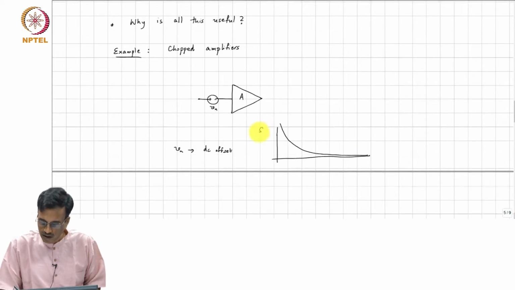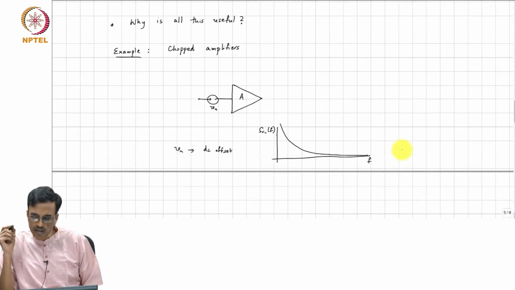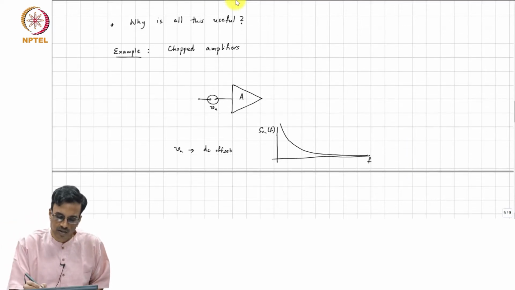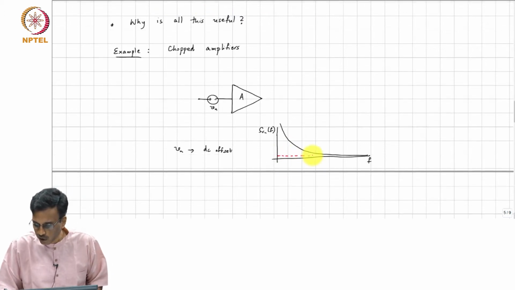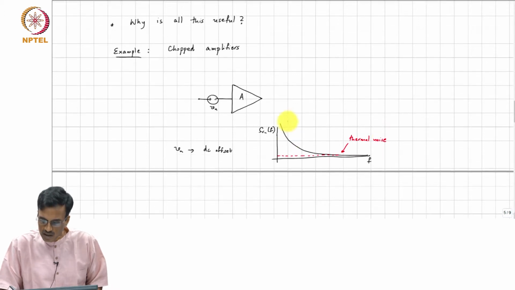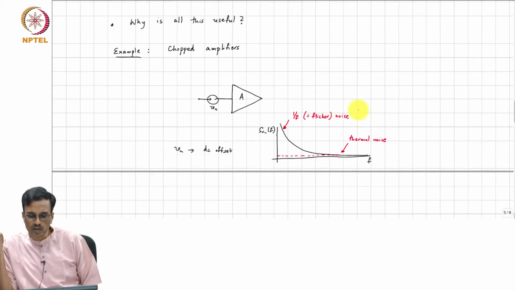This is SVN of f, and this is frequency. Remember from our earlier studies, we always expect to see thermal noise, so this is thermal noise, but in addition there is this 1 over f or flicker noise.